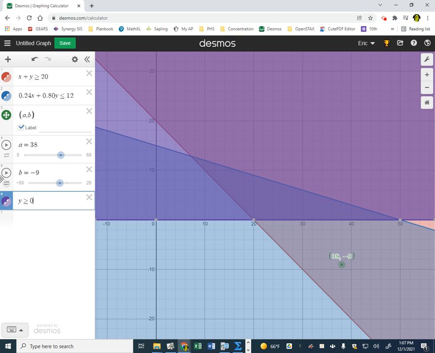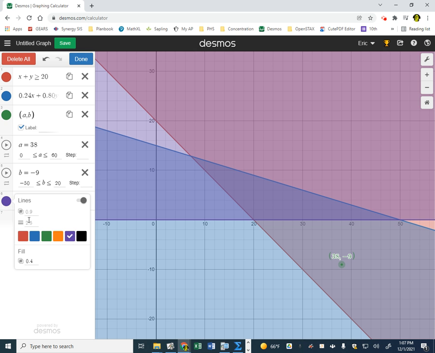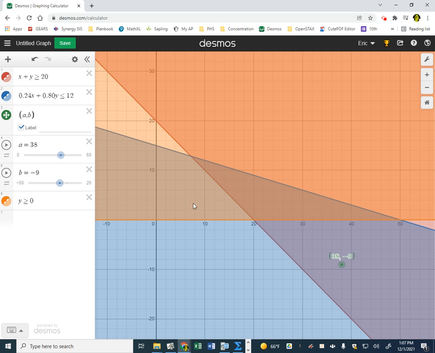Now we get this one region in here that makes sense. Right now I can only pick positive values of x and y, or 0, right?